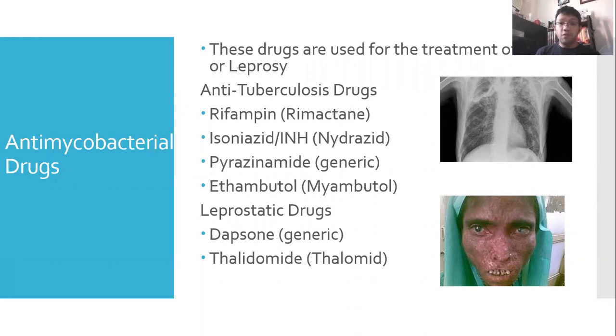For the leprostatic drugs, these are drugs that are used to treat Mycobacterium leprae. We have dapsone and thalidomide. Take note, thalidomide is not given to pregnant mothers because thalidomide causes deformities in the fetus. It can cause amelia in the growing fetus, most especially during the first trimester of pregnancy.